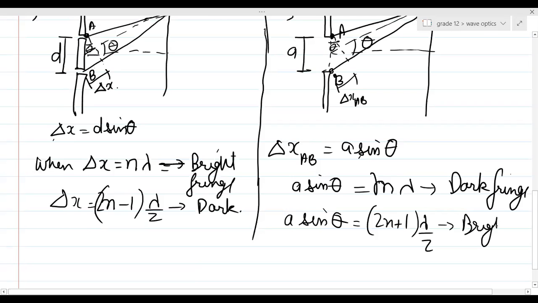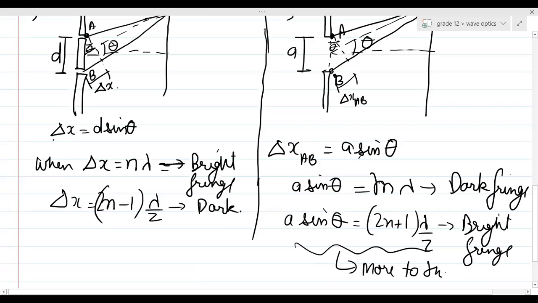Although this condition is not as simple as it looks, there is more to it. Is it clear, guys? Did you understand the difference, where delta x was equal to this and here it is equal to this? Just the reverse happens in the case of diffraction. Clear? Whenever you're done writing, just tell.